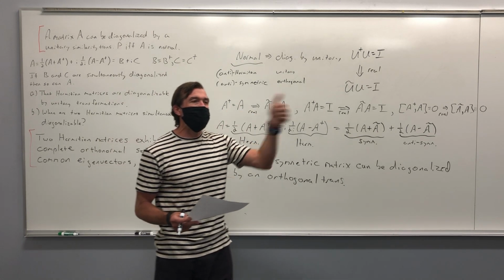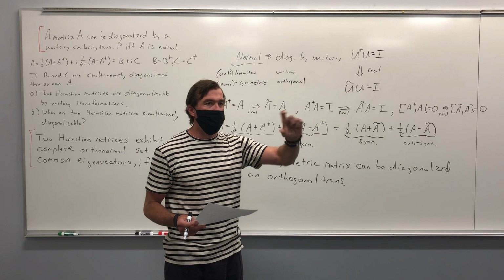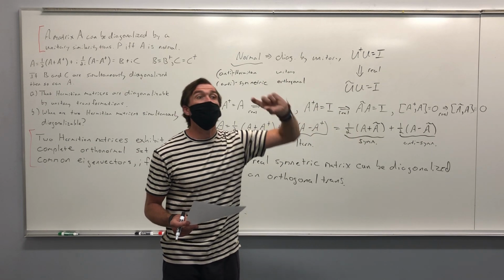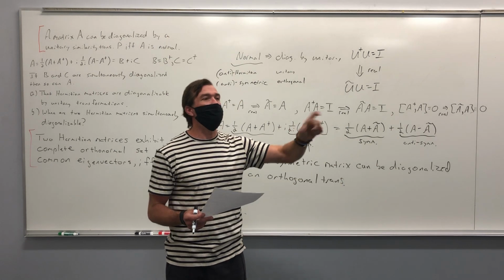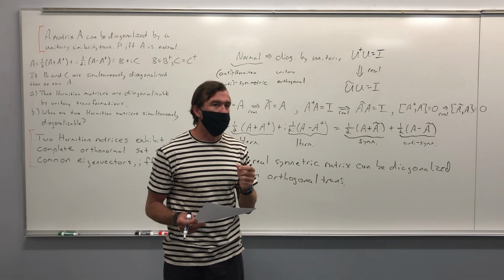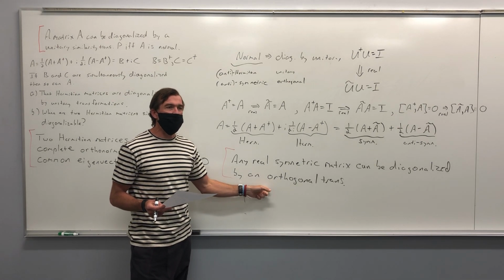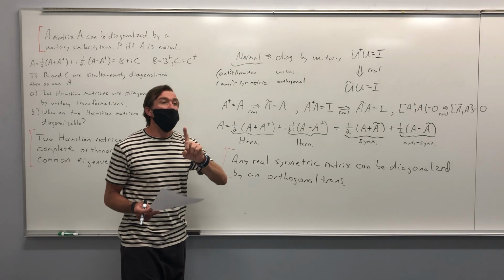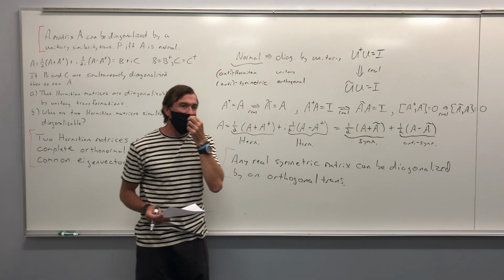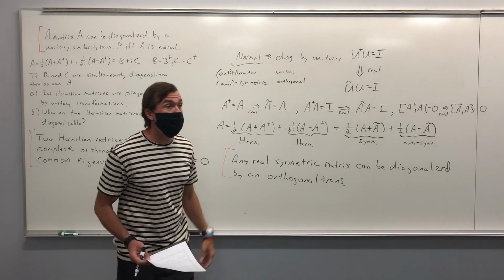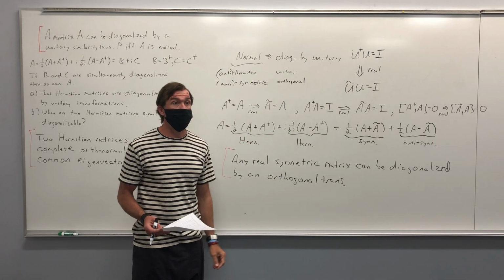However, if you have an antisymmetric matrix, that's where A is equal to minus A transpose, or if you have an orthogonal matrix itself that you want to diagonalize, then you'll find that it cannot be diagonalized by an orthogonal transformation, but it can still be diagonalized by a unitary transformation. You can always diagonalize these by unitary because they're all normal.